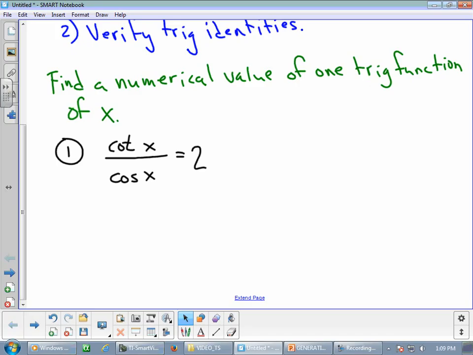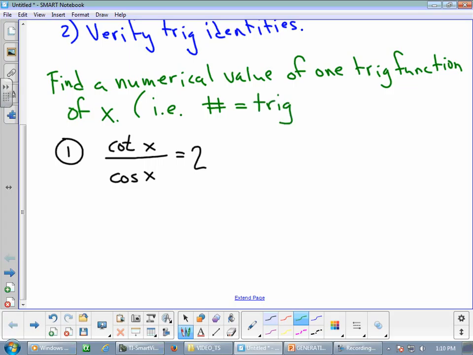Now, just to elaborate for a moment on what these directions mean. What does that mean, in other words? That's i.e., not e.g. E.g. is for example. So i.e., what we should have, a numerical value, so some number is equal to some trig function, sine, cosine, tangent, etc. of x.